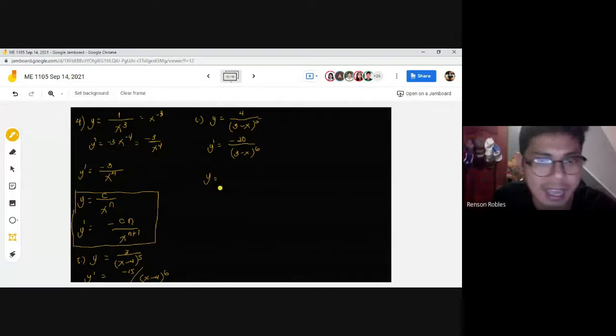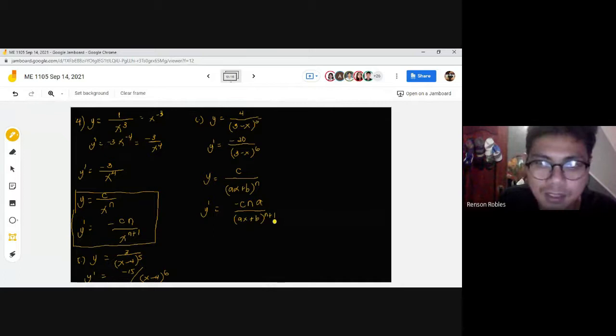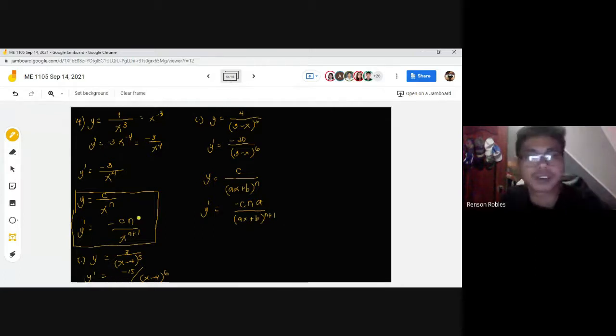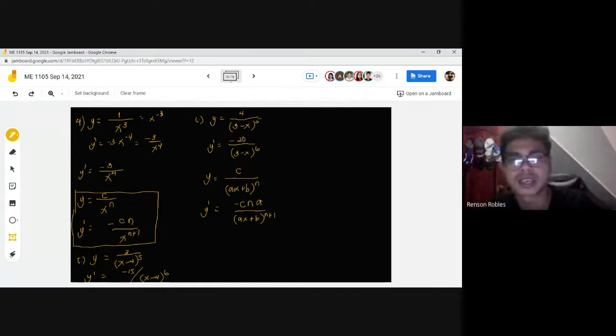Pagka linear na siya, say y equals c, constant, over ax plus b raised to n, and then y prime is equal to negative cna all over ax plus b raised to n plus 1. Because nawala dito yung a kasi x lang to. Ito ay 1. Okay? Sige, verify natin.